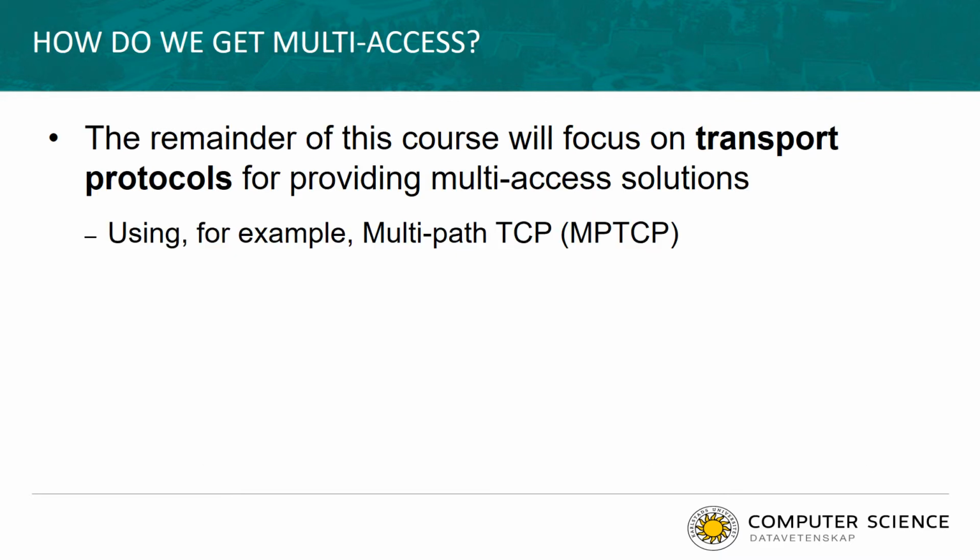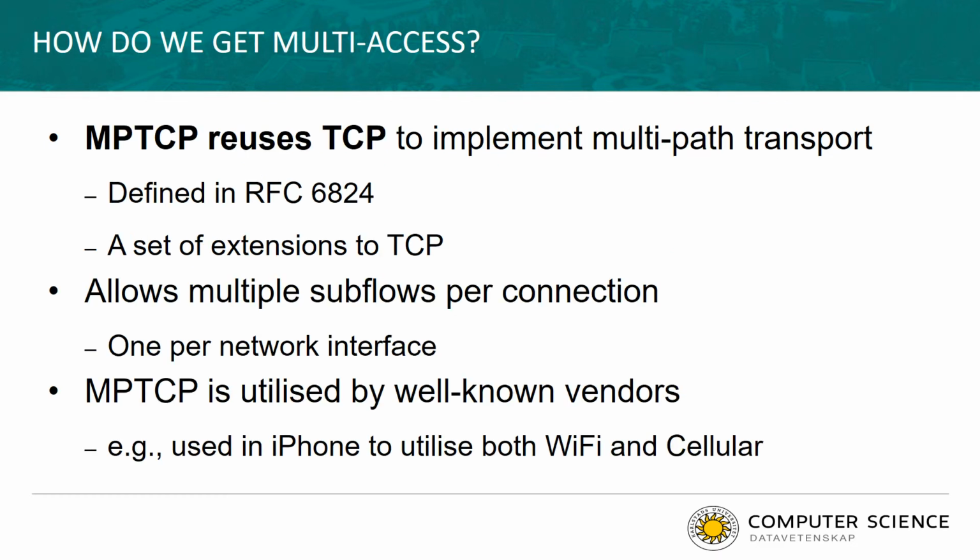So in this course, we will focus for the remainder of our discussions on the transport protocols and providing multi-access solutions at the transport layer, using, for example, multipath TCP or MPTCP. So we will talk more about the details of these protocols in coming lectures, but let me just give a short introduction to how we can realize multi-access using MPTCP.